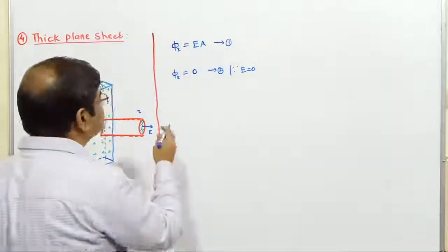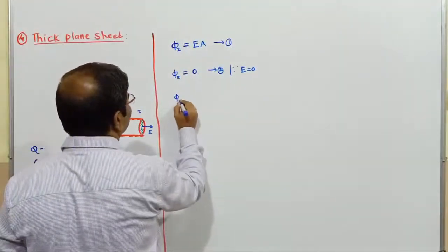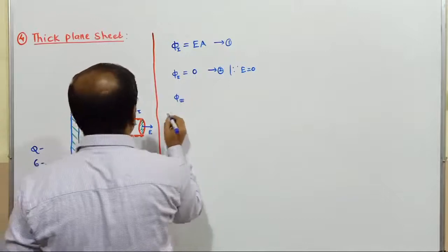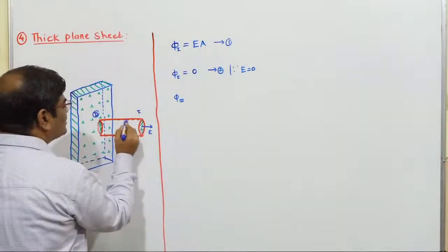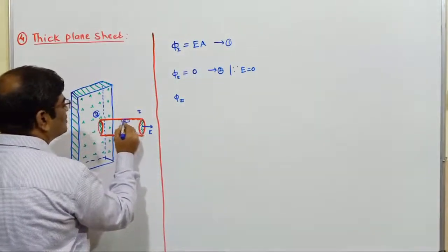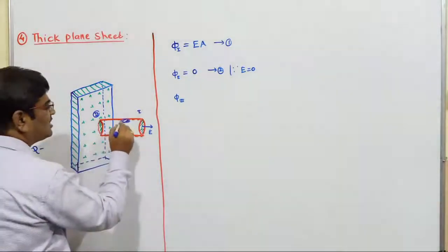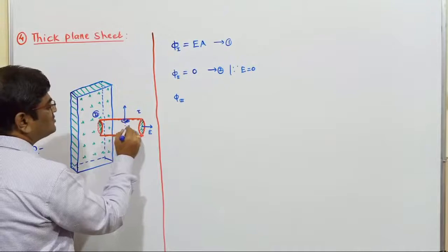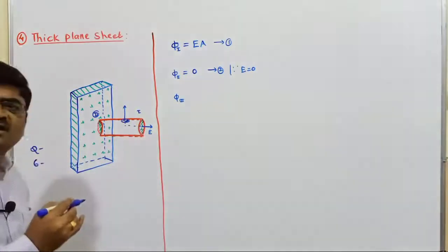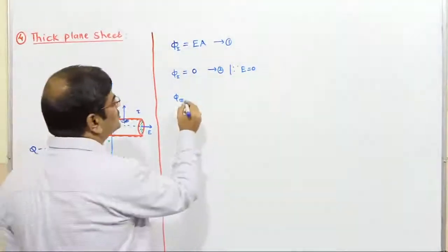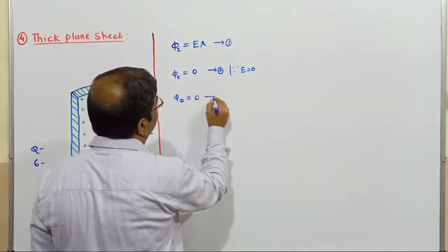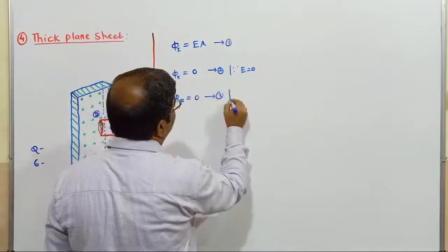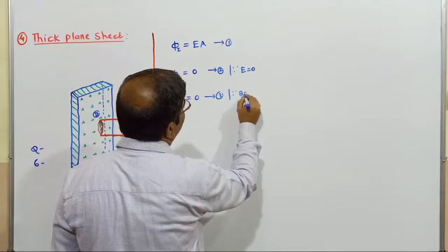And left out is the third portion. Which is your third portion? Circular one and curved one. For the curved one, I take a small portion. This is the area vector, which makes an angle 90 with intensity there. So the flux through the third portion is also equal to 0. The reason for that is theta is 90.